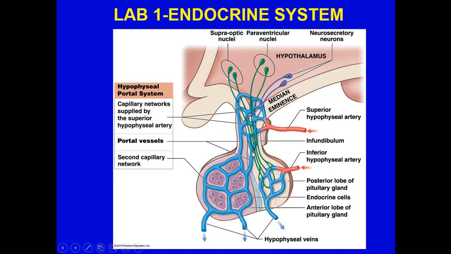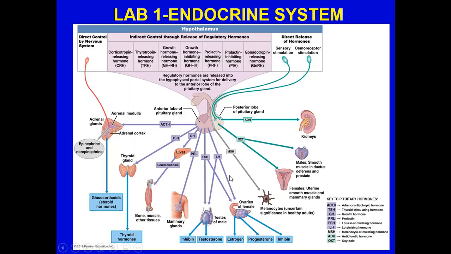But then notice that it's a very short pathway by these portal vessels, which then break off into another capillary network here to pass on these releasing hormones into the cells of the anterior part of the pituitary.